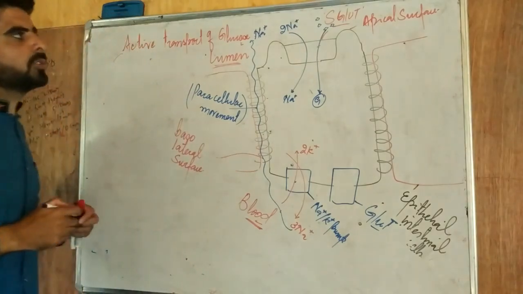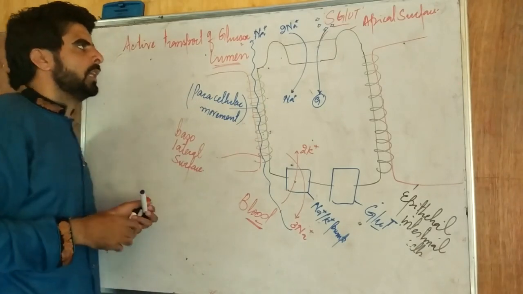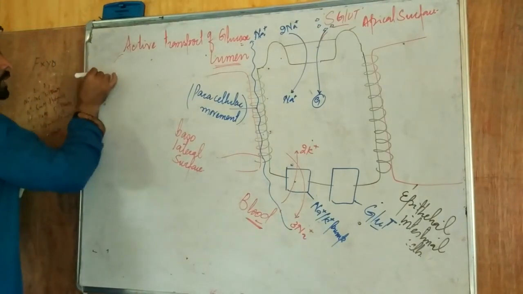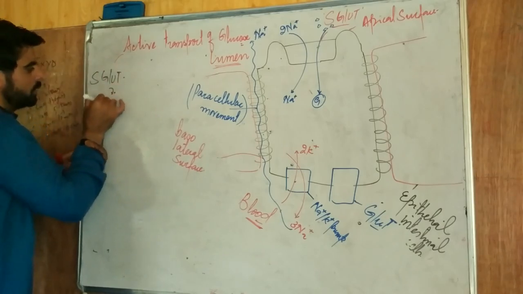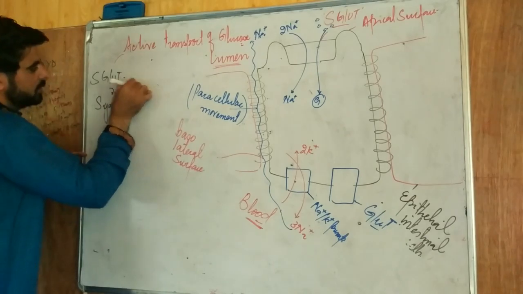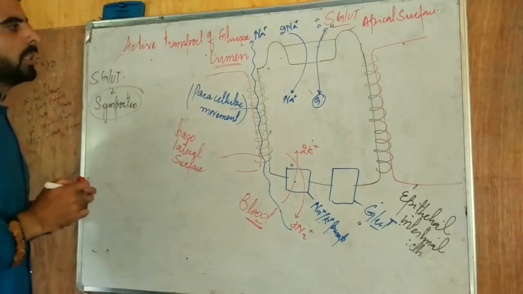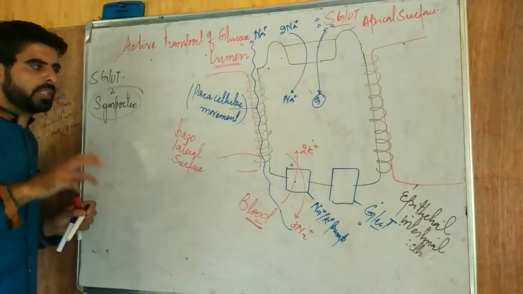So we can say SGLUT is acting as a symporter, while the substances move in the same direction. That means they move from the lumen to the cytoplasm of the cell.